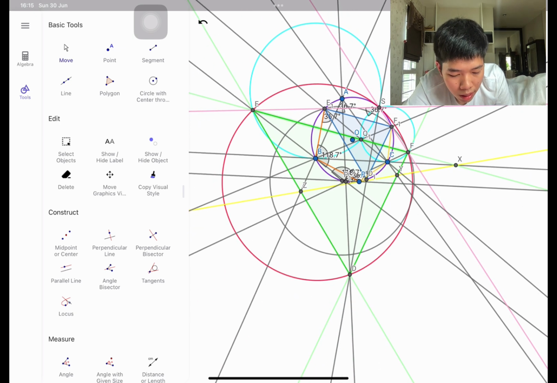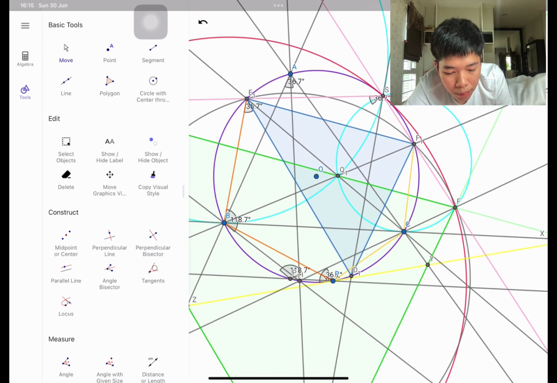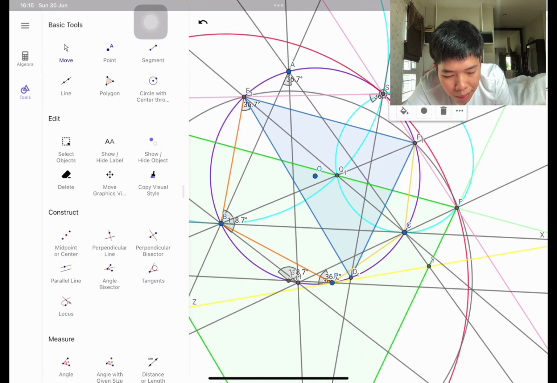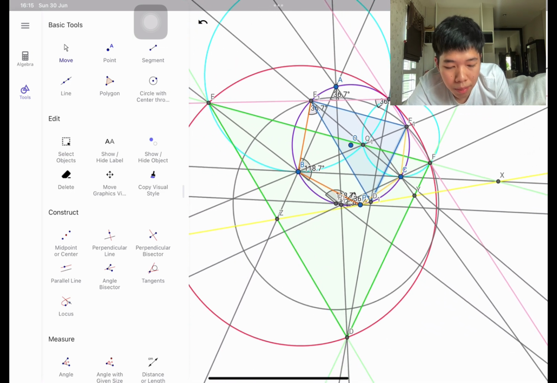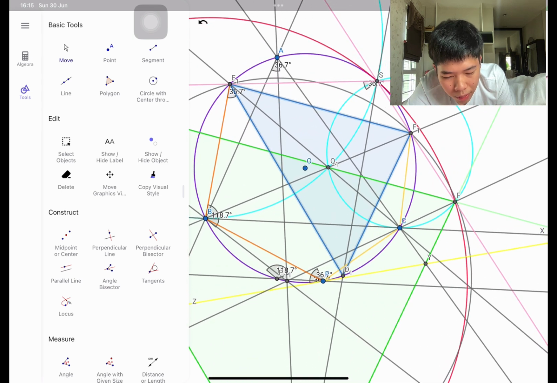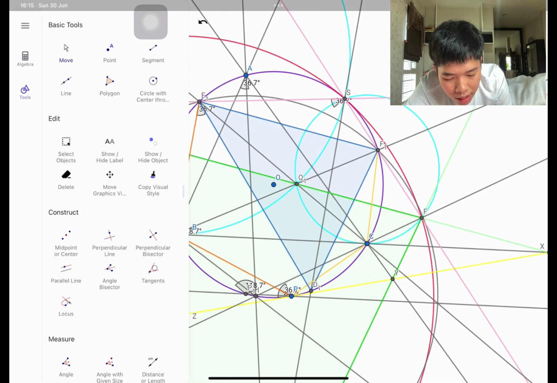But since E1D1F1 and EDF are dilations, S must also lie on DD1. And since we've established that S lies on the circumcircle of ABC, we're actually done here, because if we start a dilation from S sending E1, D1, F1 to EDF, it's just going to enlarge the circle that it is already on, and this means that it will be tangent to the original circle no matter what.